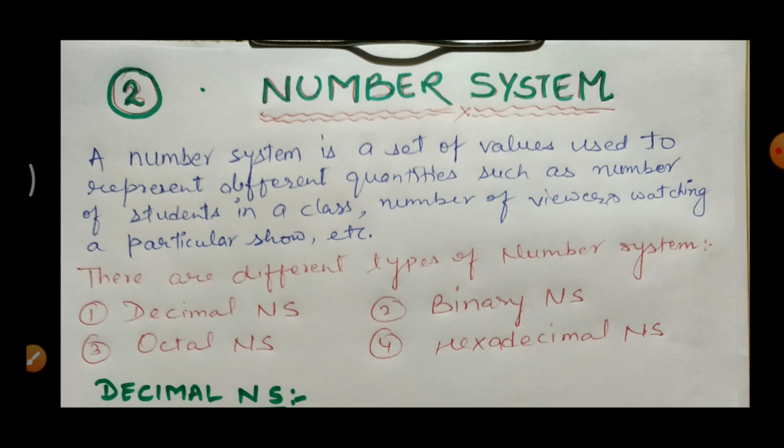So here this number is the quantity which is represented by a set of values, and that is called a number system. Okay, so basically the number system is used for performing calculation and for counting purposes.